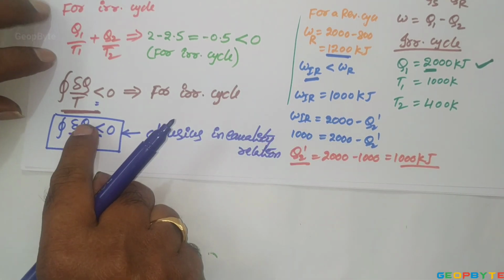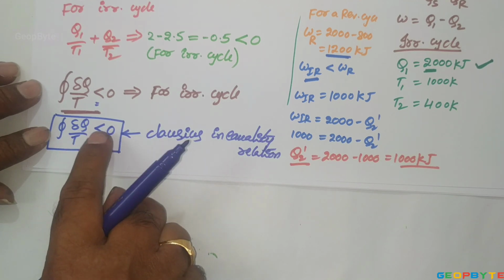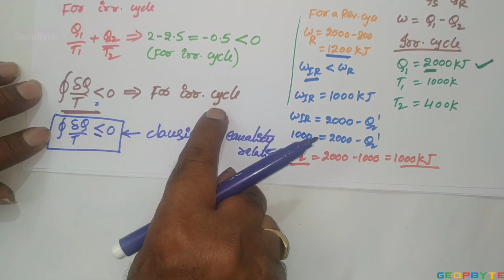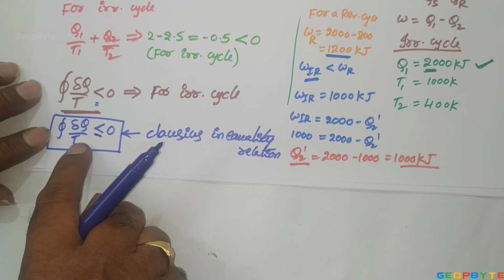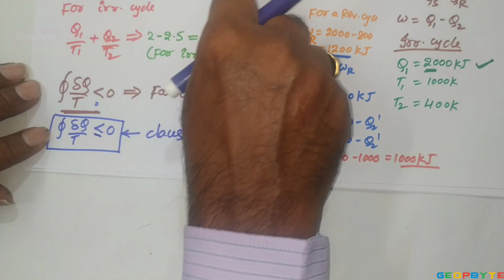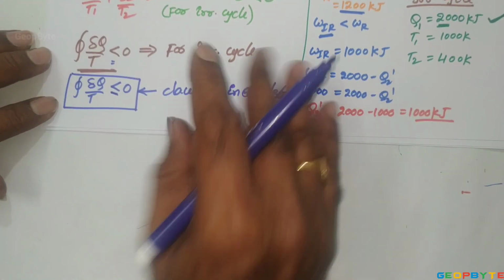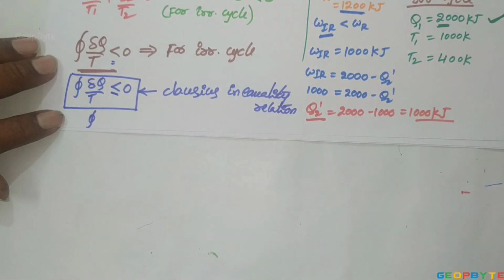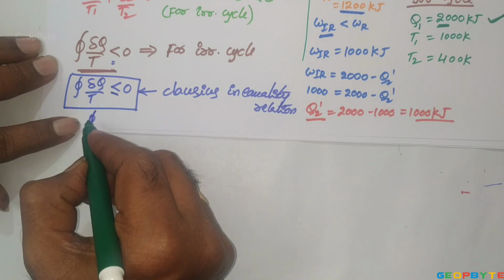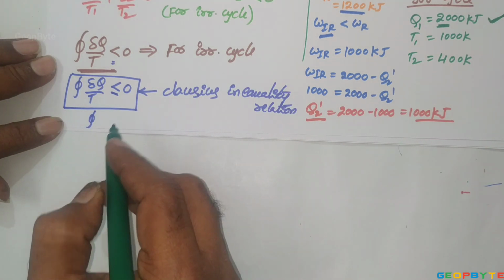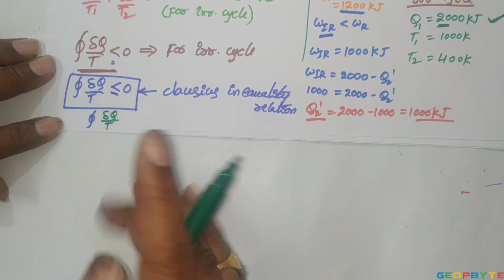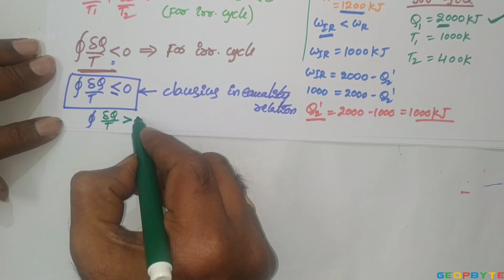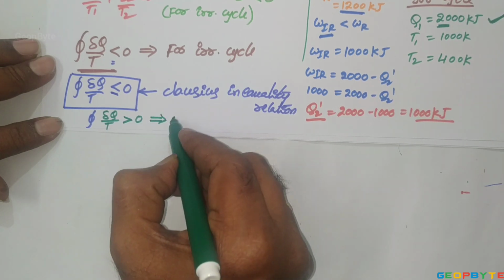Remember, cyclic integral del Q by T is less than 0 for an irreversible cycle. Cyclic integral del Q by T is equal to 0 for a reversible cycle. And as we know, the cyclic integral symbol is used only for a thermodynamic cycle. Cyclic integral del Q by T greater than 0 is impossible.